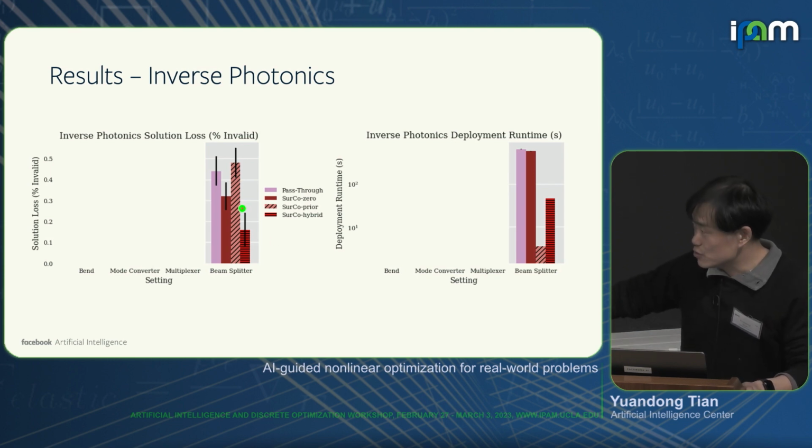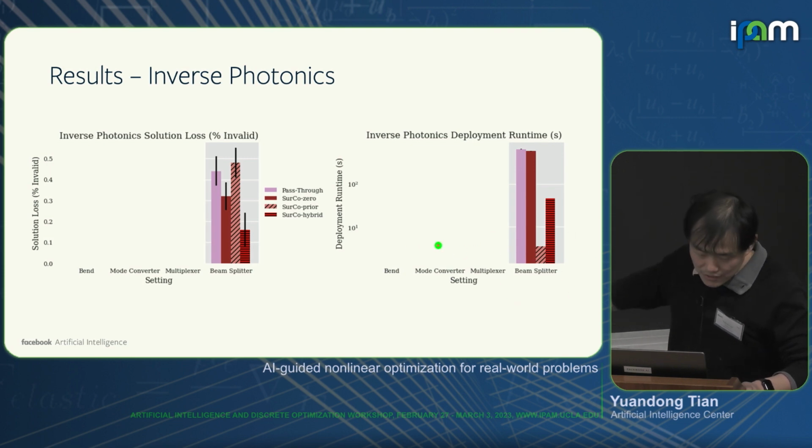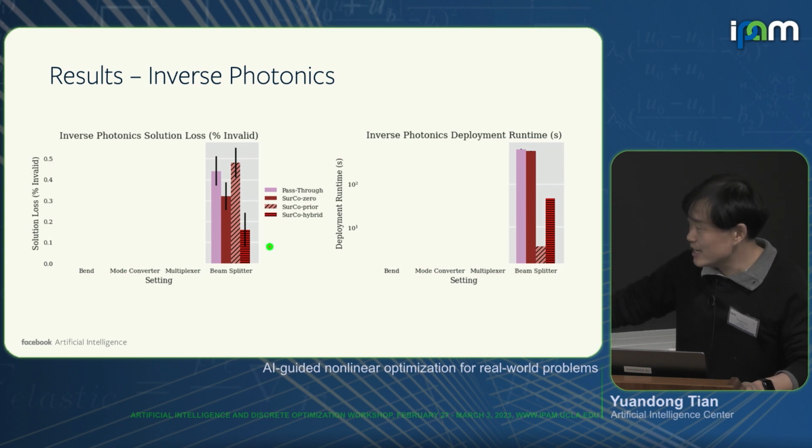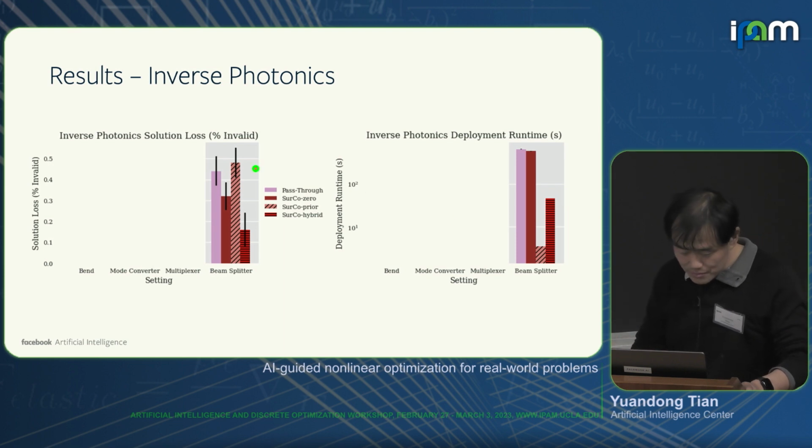But our approach is able to get a better solution loss. At the same time, if you use SurCo prior, you also get a much faster runtime. If you use SurCo hybrid, then you get a lower solution loss and a relatively faster runtime.